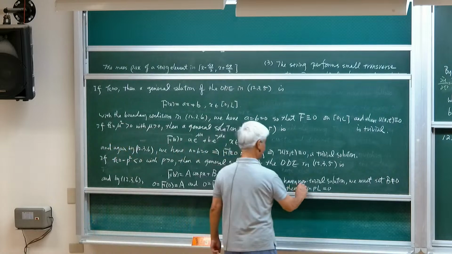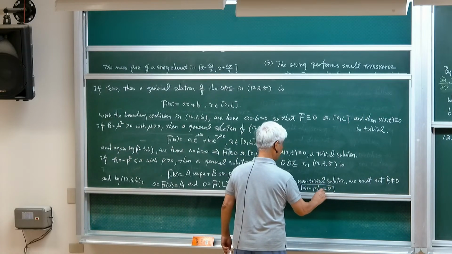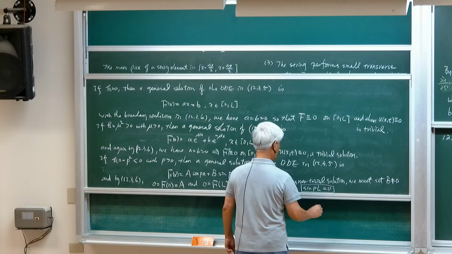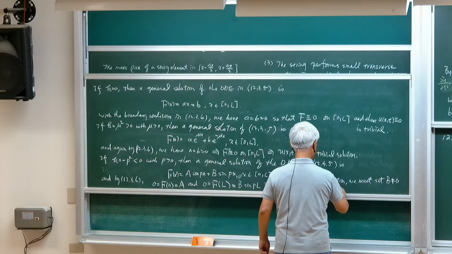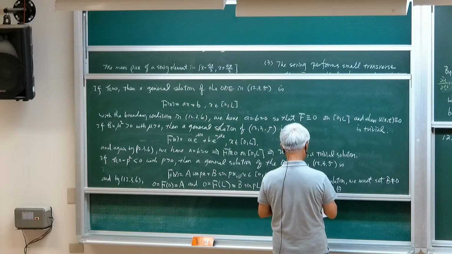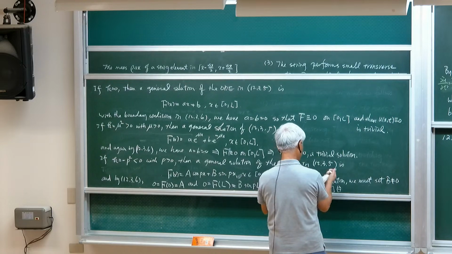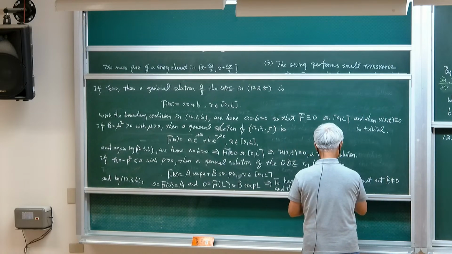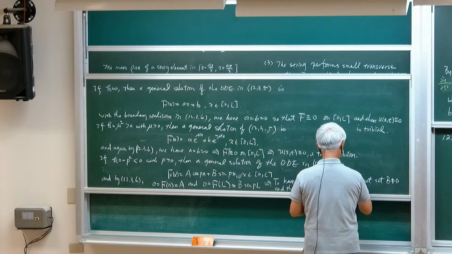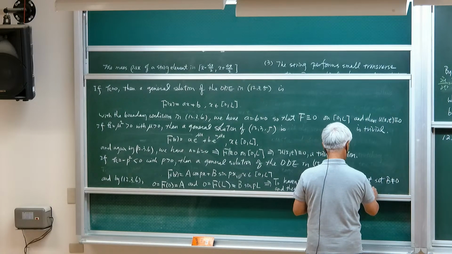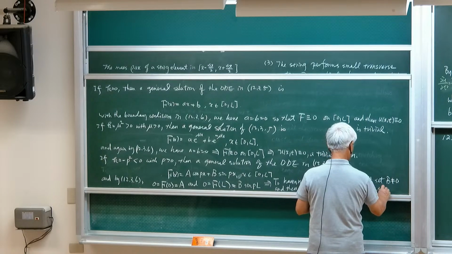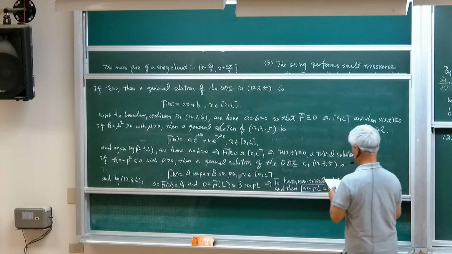Sine pL must be 0. So this is true only if p is equal to n pi divided by L, for n a positive integer.